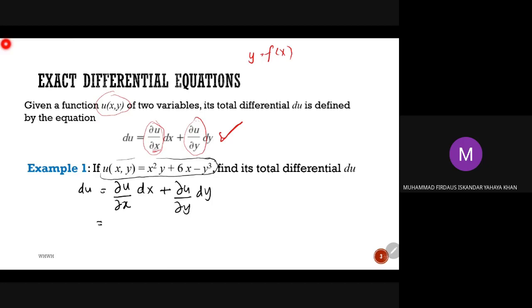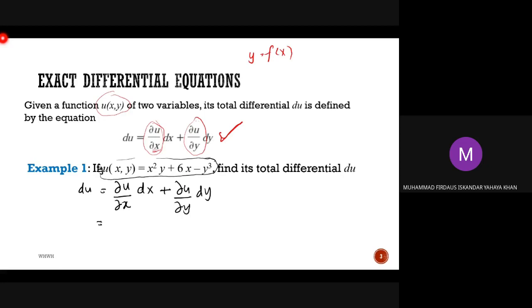So del u over del x means we look at the equation u(x,y) here, with respect to x, meaning that we differentiate the term with respect to x only. At this stage, we regard y as a constant.